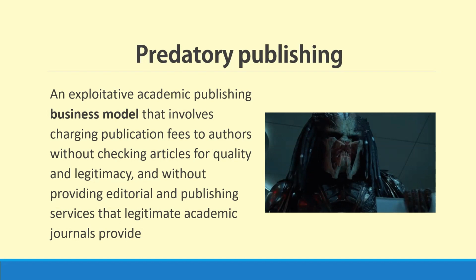For example, if Science Direct is charging you $2,000 to publish your article, these journals might charge you just $300. Way less than a good journal like Science Direct or Emerald or EBSCO.